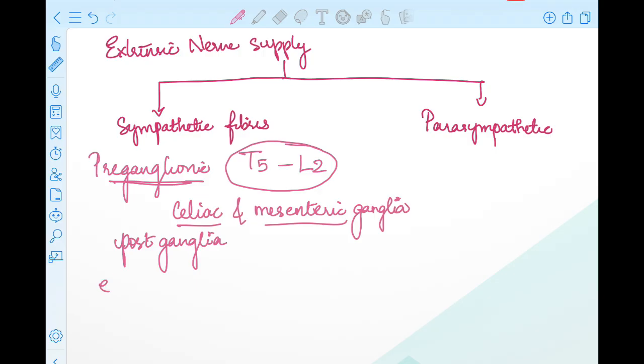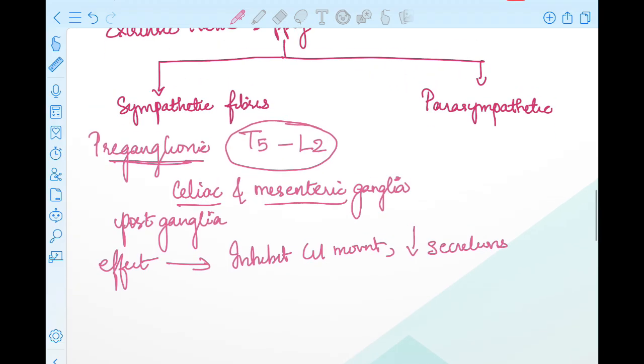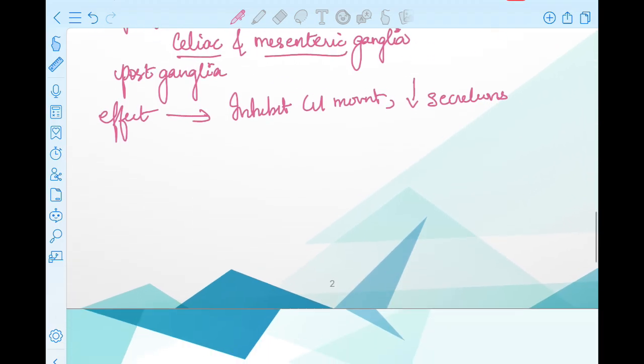And what will be the effect here? It will inhibit the GI movement, and it also reduces secretions, because, as I already told you, there are several neurotransmitters, and here the neurotransmitter released is noradrenaline. It also has another function: it constricts the sphincters.